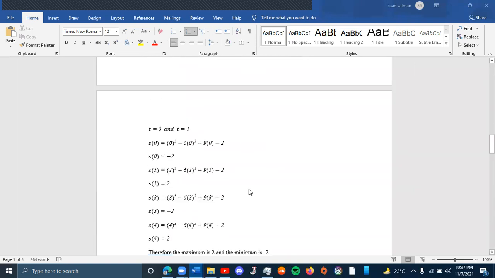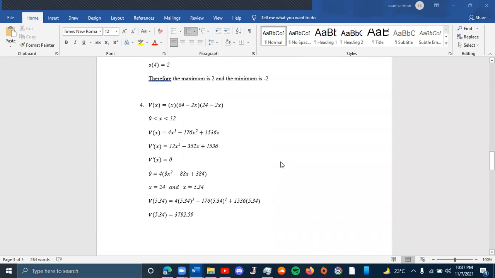So to solve this question, we'll start with V(x) = x multiplied by (64 minus 2x) multiplied by (24 minus 2x), with 0 < x < 12.